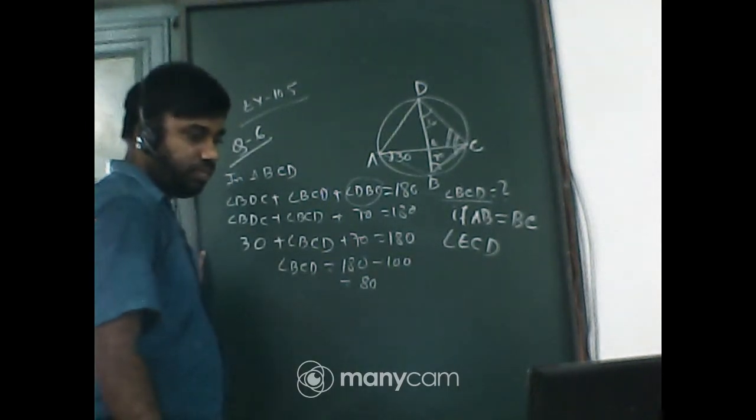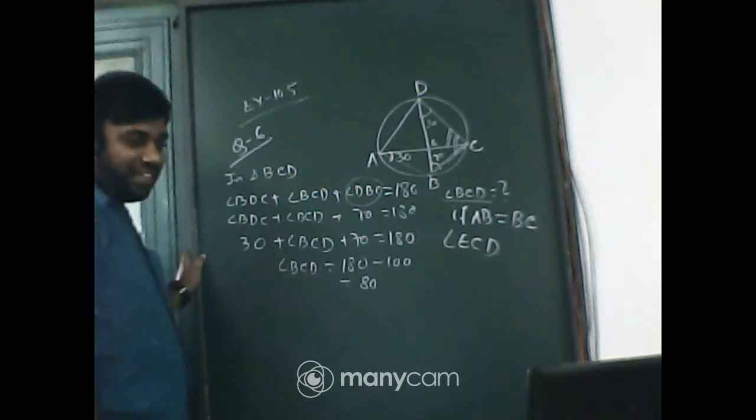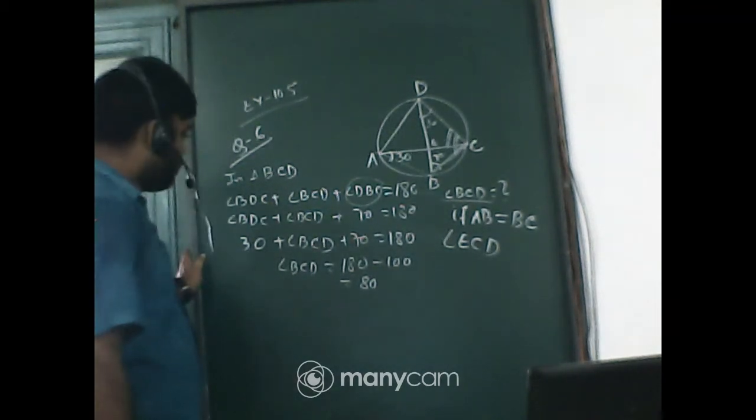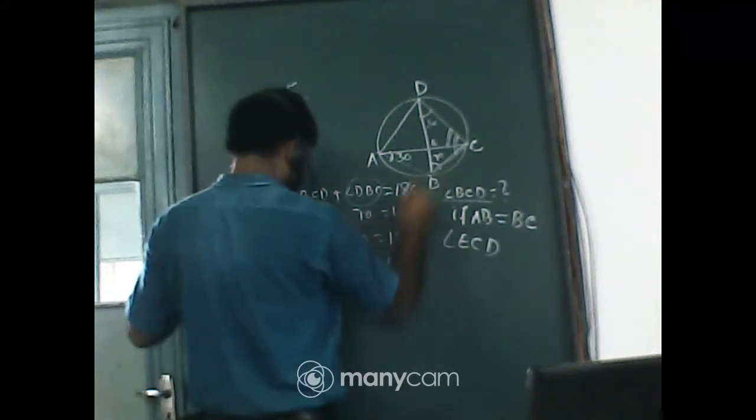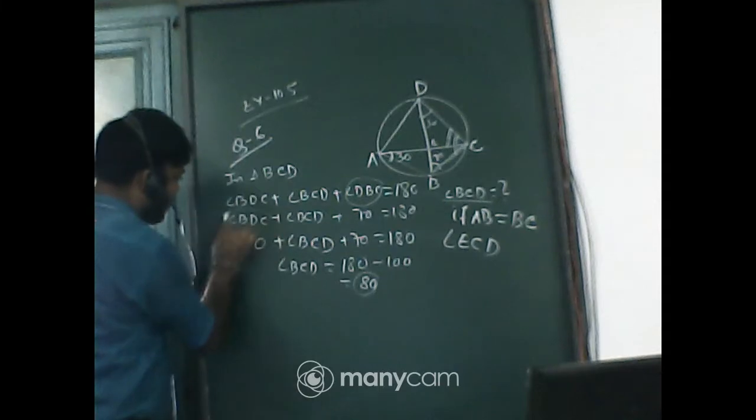Got it, everyone? Spriya, are you on the line? Okay, very good. So BCD equals 80 degrees.